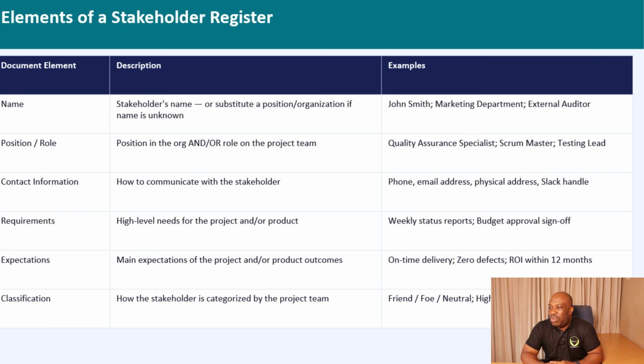Then it also comes to contact information. How are you going to communicate with the stakeholder? So this is also very, very important. For example, you might want to communicate with the stakeholder using a phone. You might want to use an email or even a physical address. So contact information is very, very important. And I can tell you that is why it's recommended, and I also used it in my project, that some of this personal information, you have to limit access to it.